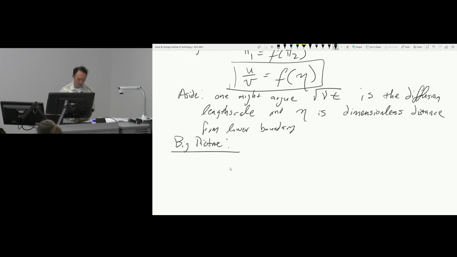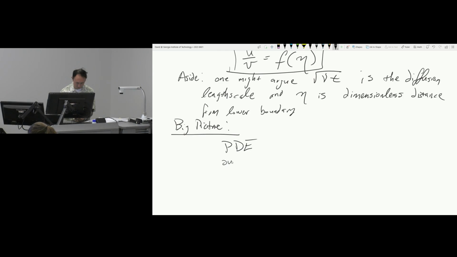We have a PDE. The PDE was du dt is equal to nu d squared u dy squared. This is going to become an ODE, and we're going to figure out what that is.